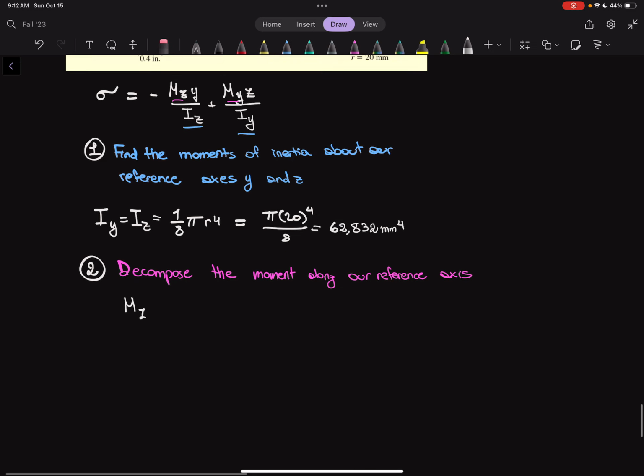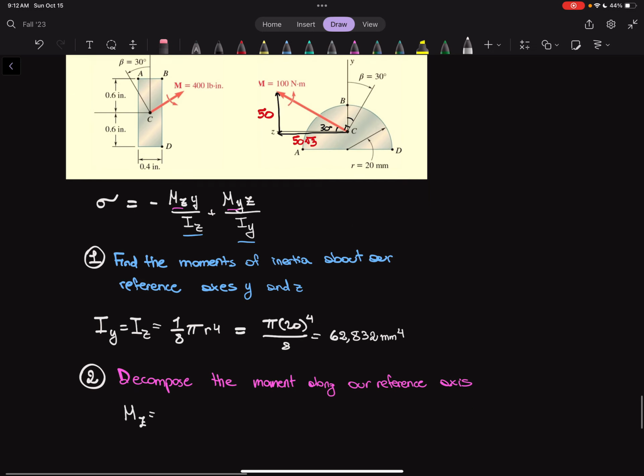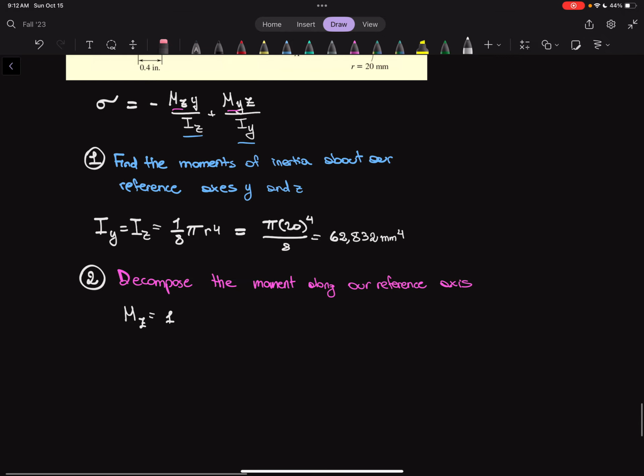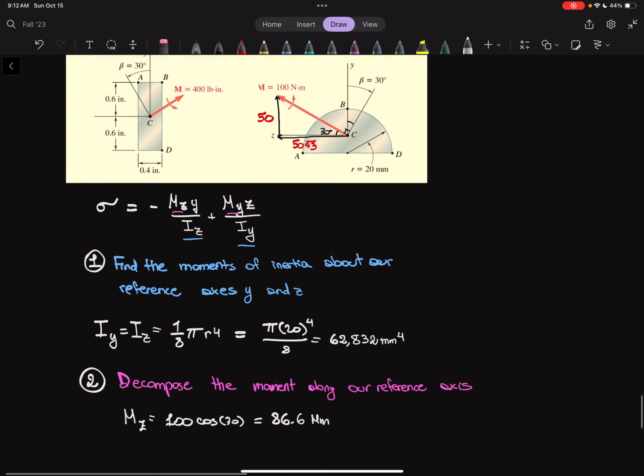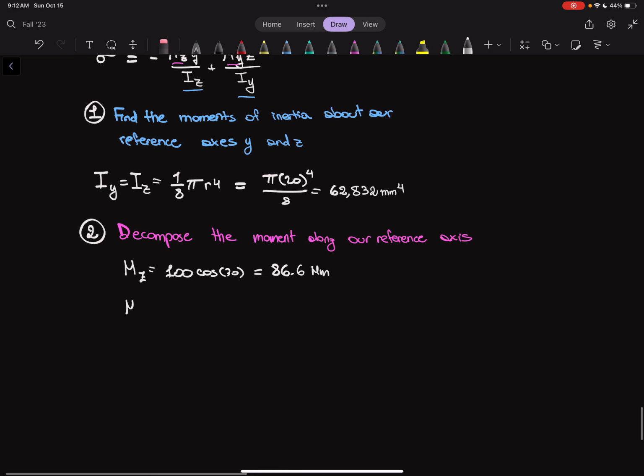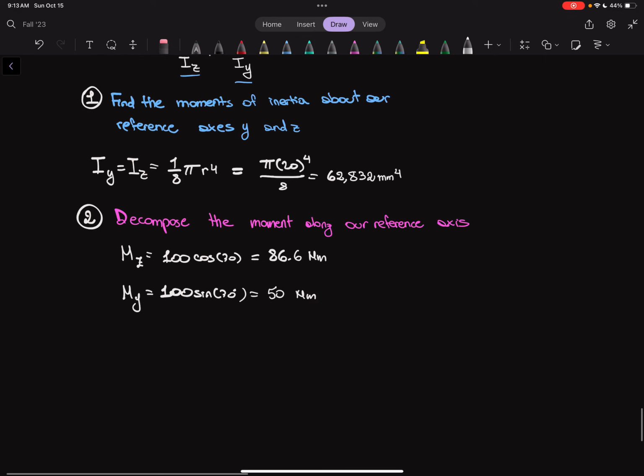Well, Mz is going to be 100, as we were saying earlier, times the cosine of 30 degrees, which is equal to 50 times the square root of 3, which is 86.6 Newton meters. And it's pointing along the positive z-axis this time. And now for My, that's just going to be 100 times the sine of 30 degrees, which is 50 Newton meters. Again, pointing along the positive y direction.